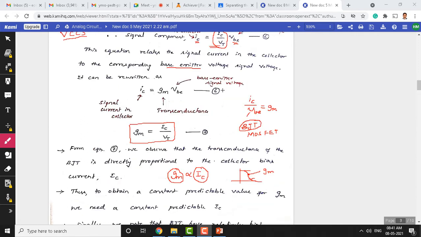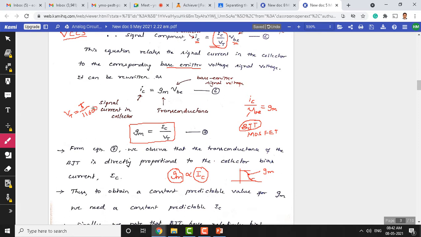The expression for VT is T divided by 11,600, as shown in the last class also, where T is temperature. This temperature must be expressed in Kelvin.